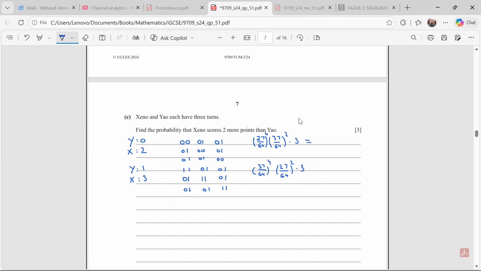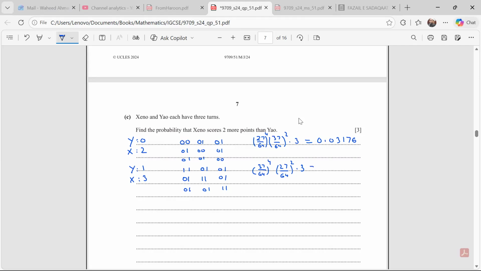Let us calculate this number. The first is (27/64) to the power 4 multiplied by (37/64) to the power 2, times 3. This all comes out to be 0.03176.